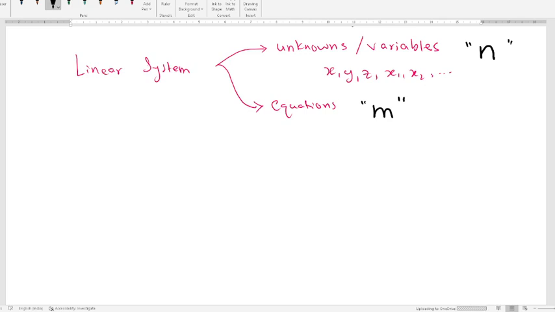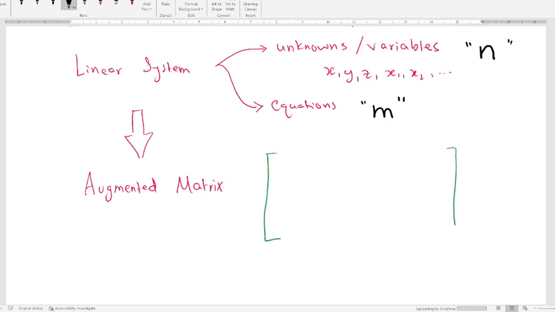Now, what we did is that we took the linear system and we created what is called an augmented matrix, right? This augmented matrix is nothing but we write it in a matrix form, and we draw a line just before the last column.